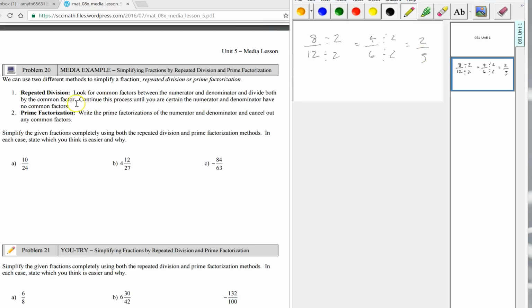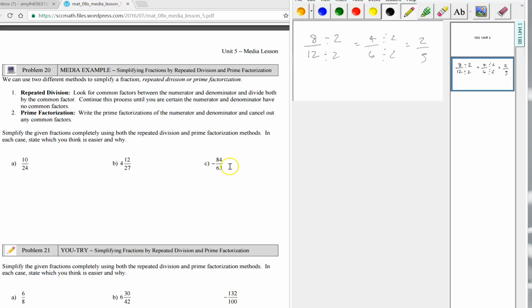Okay, so that's the idea with the repeated division method, is sometimes you just look for the factors you recognize, try to make them smaller, look for key things like even numbers or ending in 0 or 5. We didn't discuss the trick for 3 with the sum of the digits in Unit 4, but you could talk about that if you want. So this is one way.